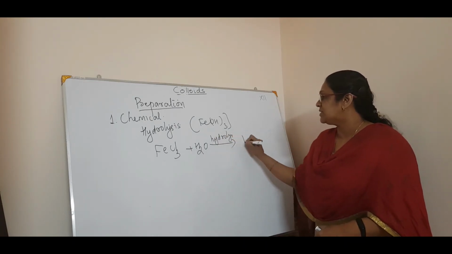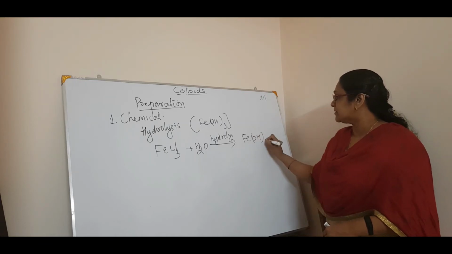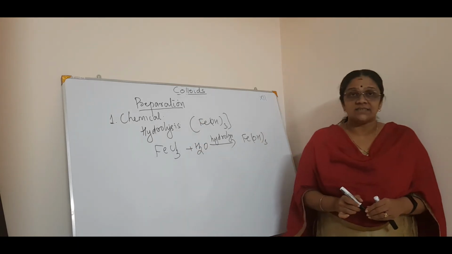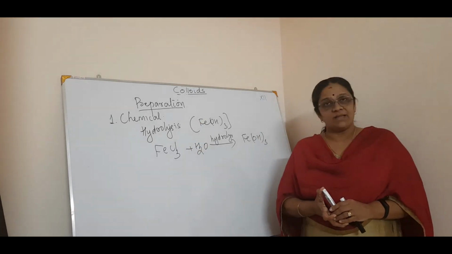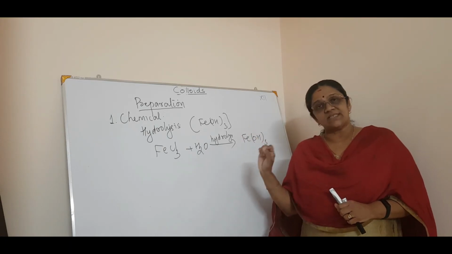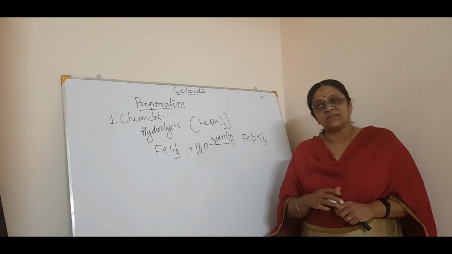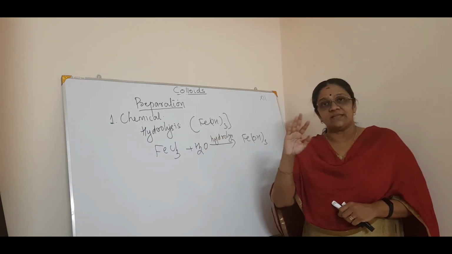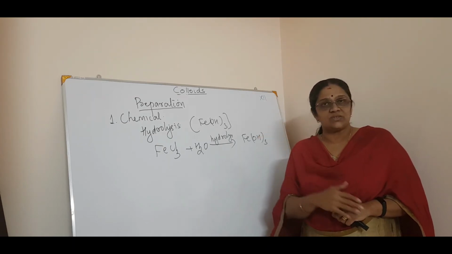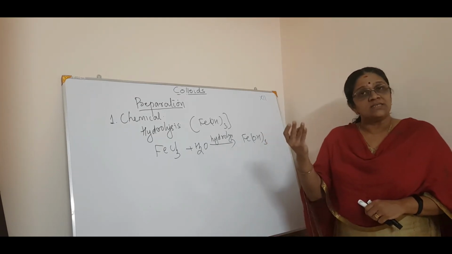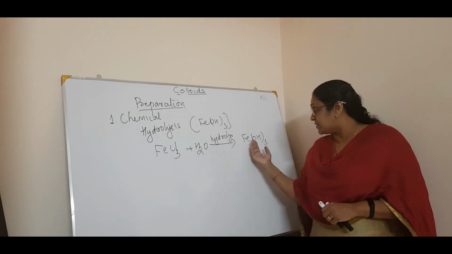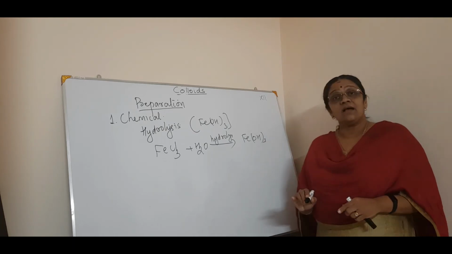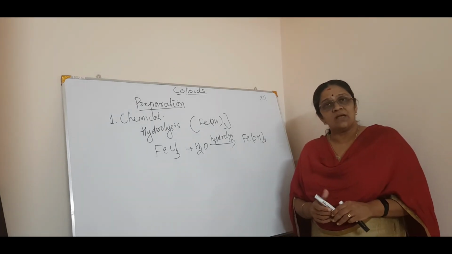You will get Fe(OH)3. Just balance it. So these are the 4 methods which come under the chemical methods. Just write it and study, then you will be able to pick up. Simple reactions. So we have prepared gold sol, sulfur sol, ferric hydroxide sol, and arsenic sulfide sol.